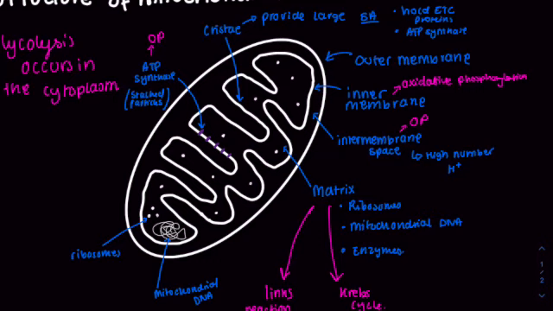You have the mitochondrial DNA, and you have ribosomes over here. The function of DNA is to provide genetic information, and ribosomes carry out protein synthesis. The matrix is where Link reaction and Krebs cycle occur. It's where the ribosomes are, the mitochondrial DNA, and the enzymes. And that's just an aqueous solution where all of these are contained. The intermembrane space has a high number of protons, which creates that gradient needed for oxidative phosphorylation.